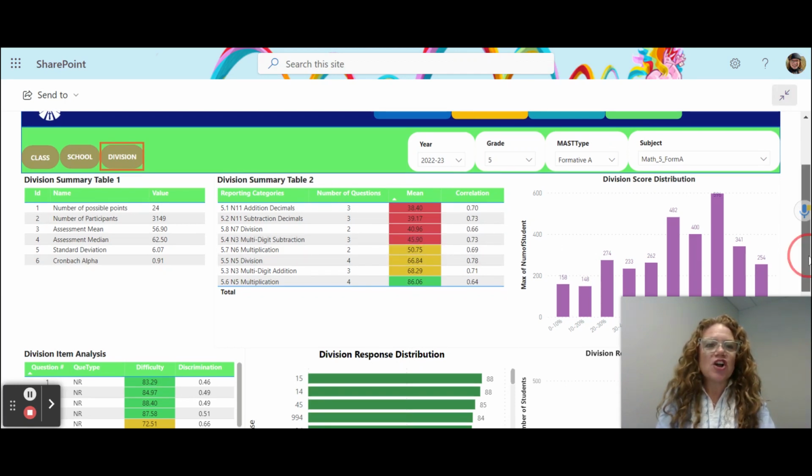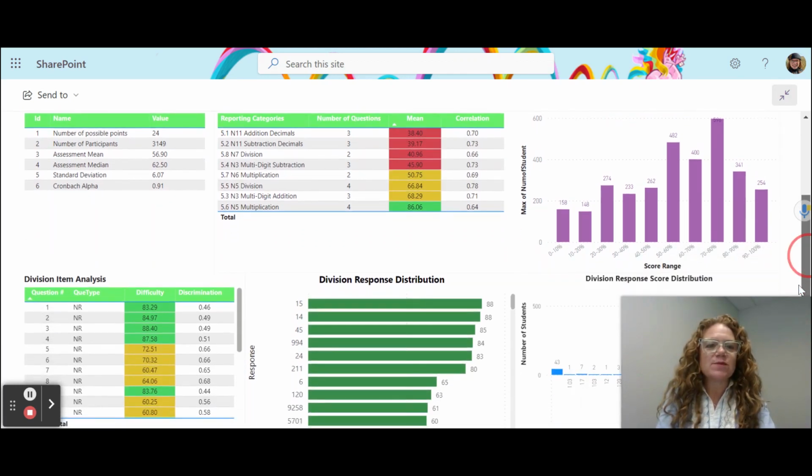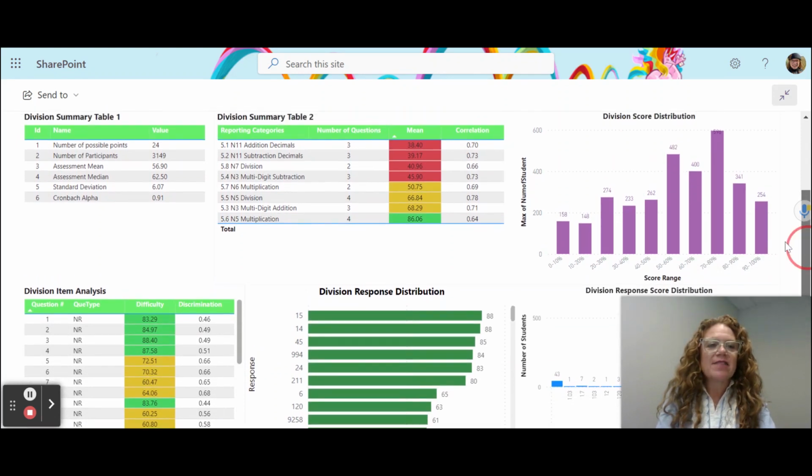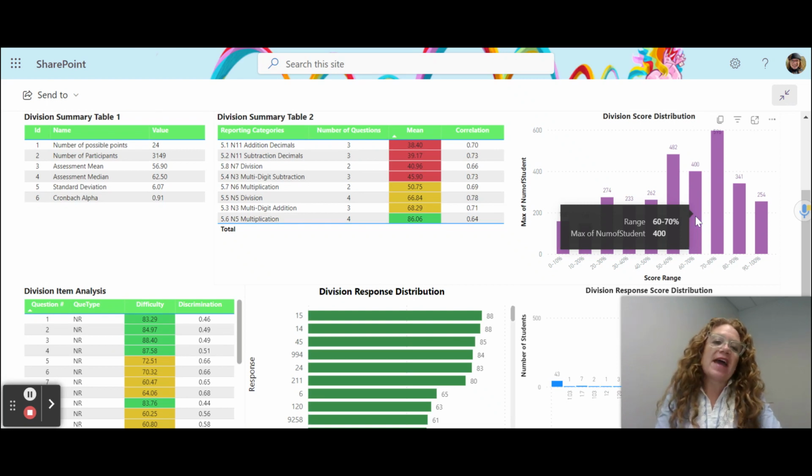Now, the next chart is the response score distribution chart. Essentially what it does is it provides us with the number of students that received that particular score distribution. So when I look, I can see that there were 400 students that had a score range of between 60 and 70% in our division.